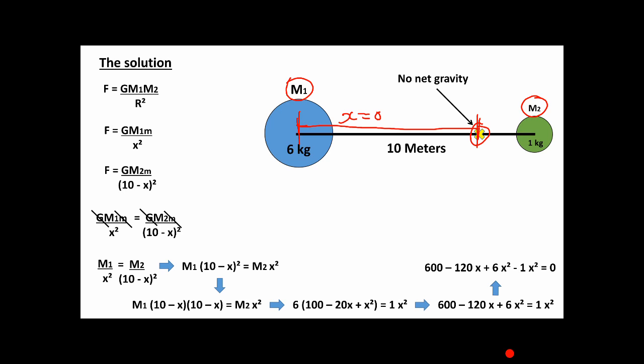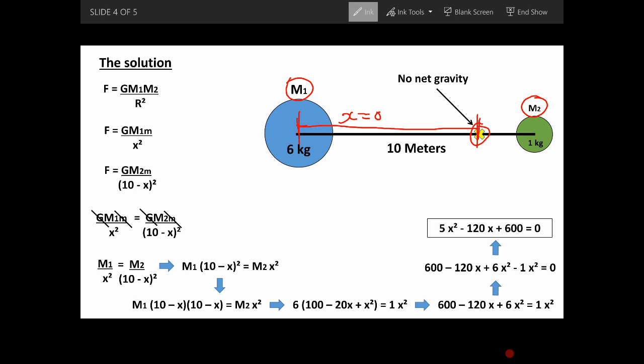So now all we have to do is collect like terms and rearrange it into our quadratic formula, and there we have it. So 5x squared minus 120x plus 600 equals 0. So our quadratic formula, this would be A, this would be B, and this will be C.